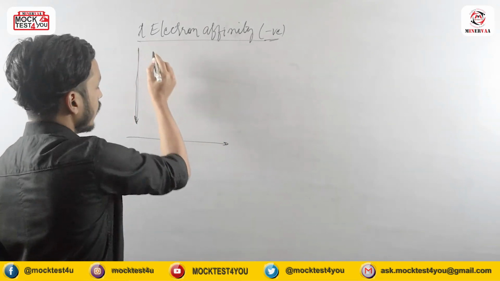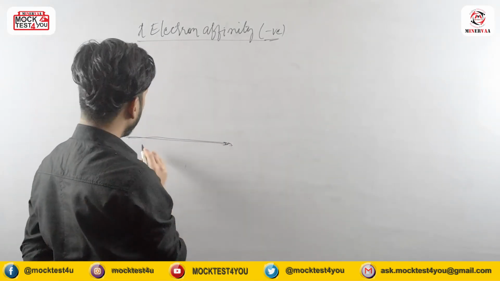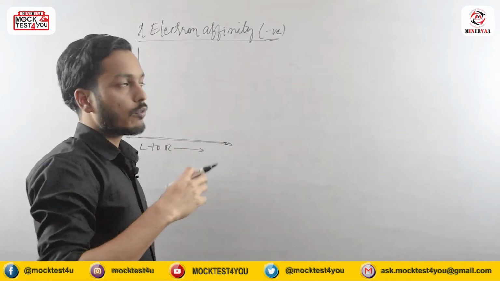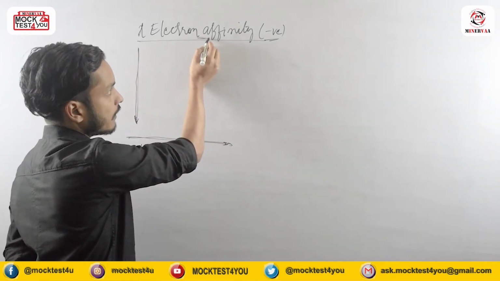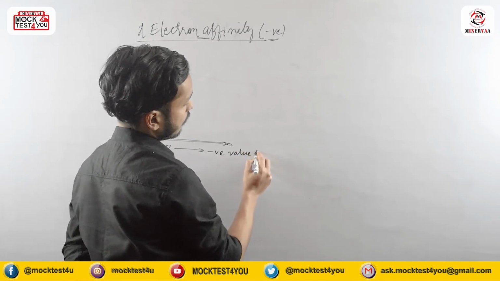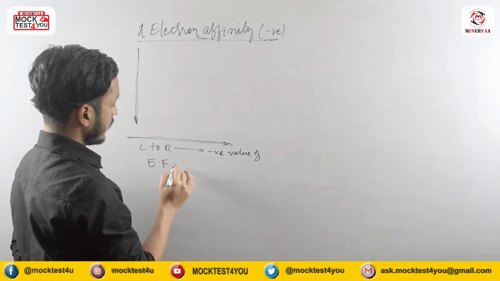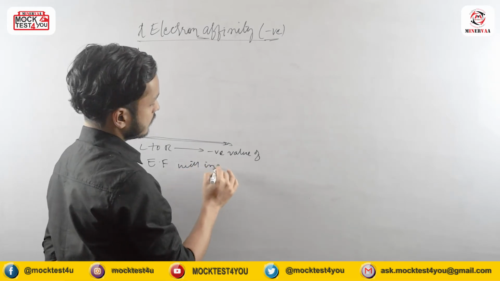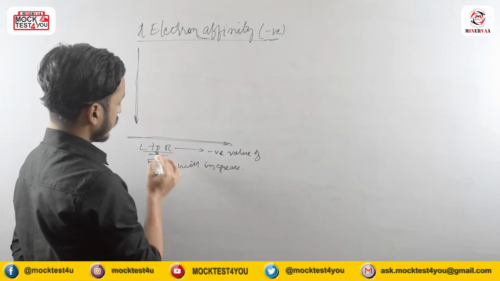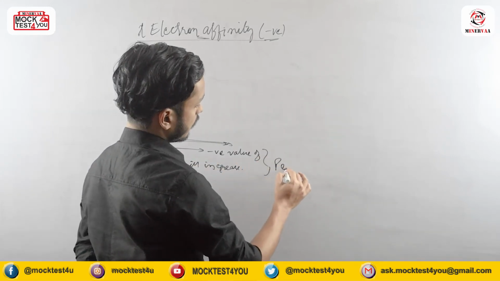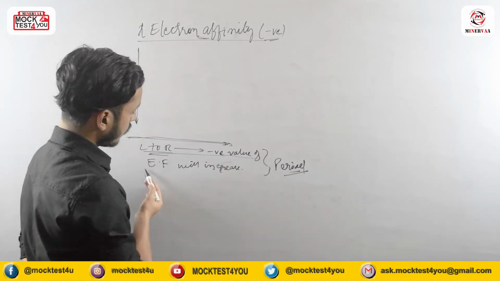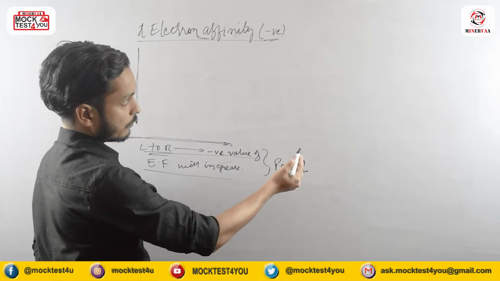What will happen when we are going from left to right in a period, then the tendency to accept, or we can say the negative value of electron affinity, will increase, okay, when we are moving from left to right across the period. So across the period, you will see that the negative value of electron affinity will increase, if you are moving from here to here.